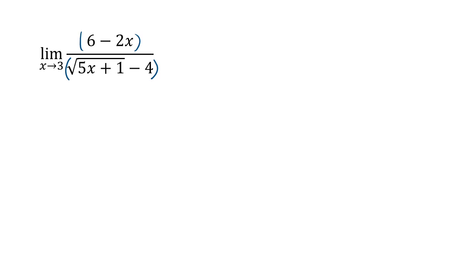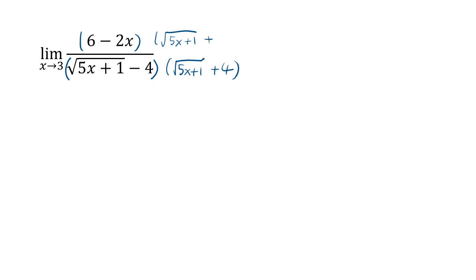In any case, you take the sign between the two things and change that sign. So it's minus, now we're going to make it plus, and that is what we call the conjugate of this denominator. And we want to multiply that top and bottom.